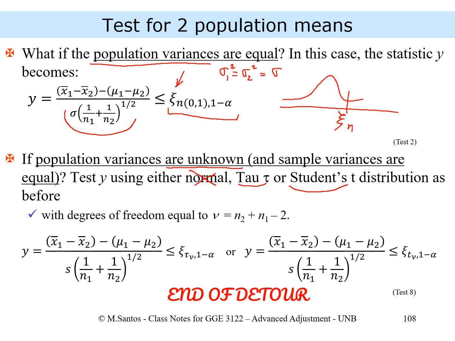Here is the expression for the test using the tau distribution, and here the test using the student t distribution. The number of degrees of freedom will be computed by this expression here. So that's the end of the detour. Just an add-on here, a test that can be applied basically to any quantity, including estimates.